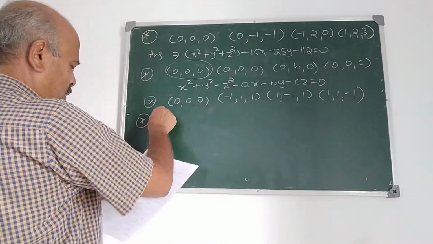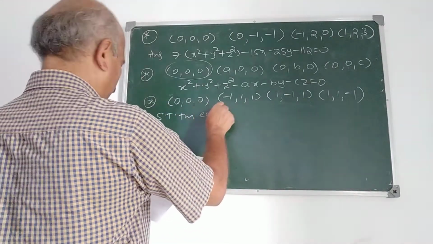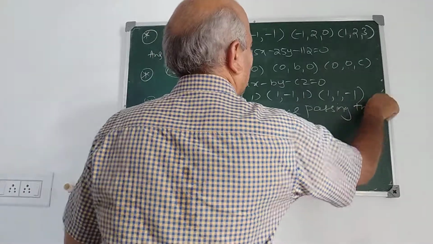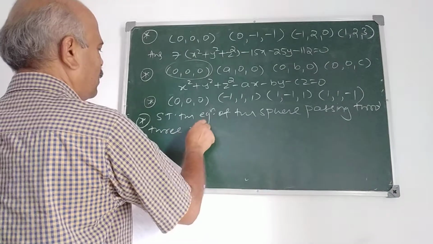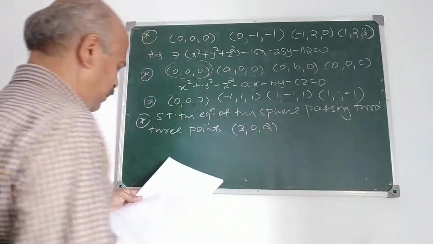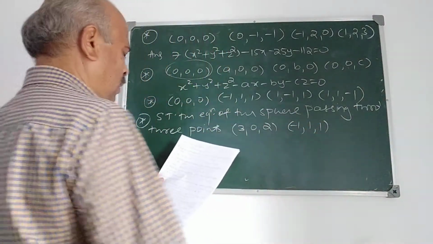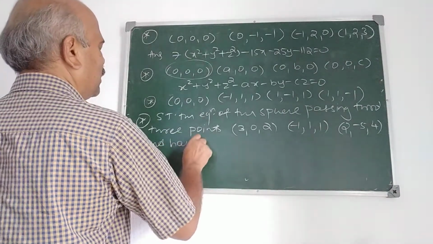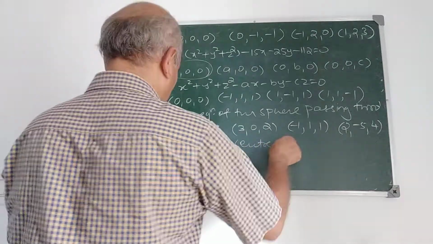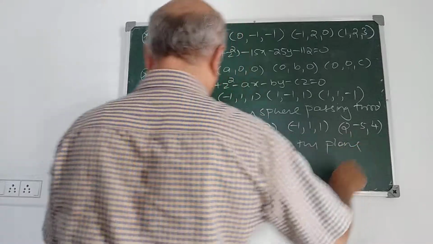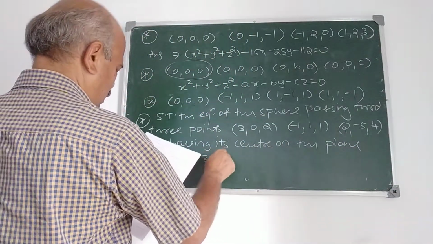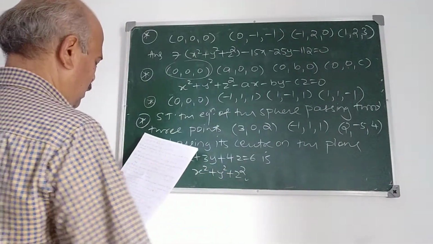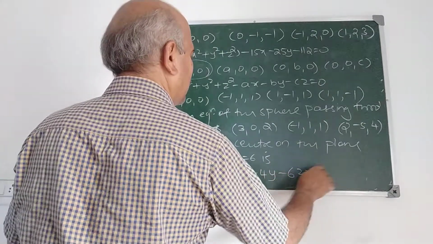Next is, show that the equation of the sphere passing through 3 points 3, 0, 2, minus 1, 1, 1, 2, minus 5, 4 and having its center on the plane 2x plus 3y plus 4z is equal to 6 is x square plus y square plus z square plus 4y minus 6z is equal to 1.